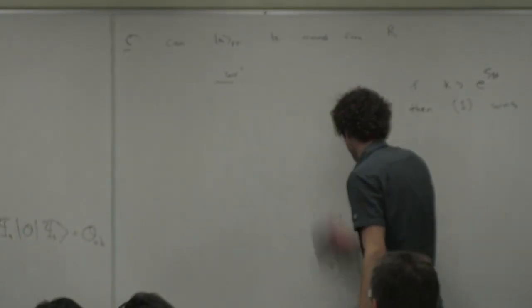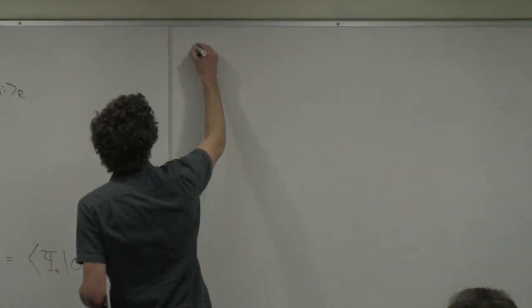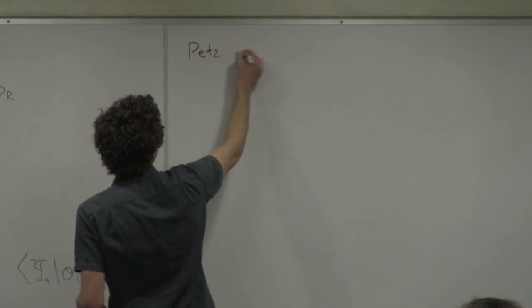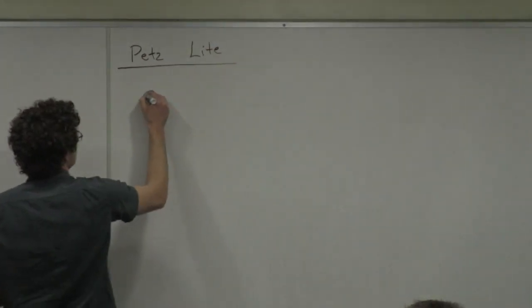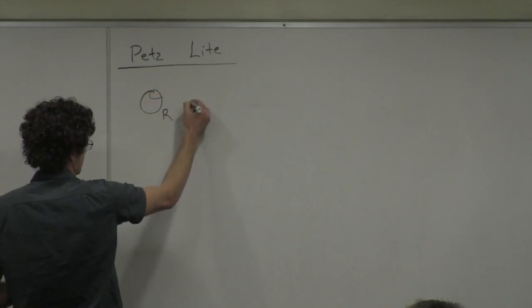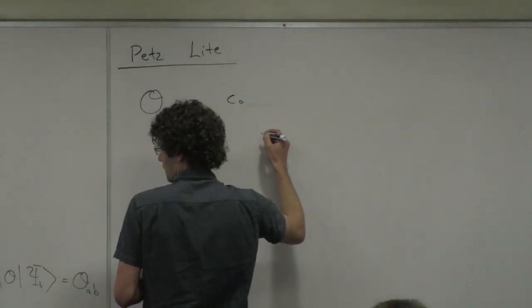Okay, now we can start to discuss the Petz light. Petz light is the following naive guess for an operator O_R.